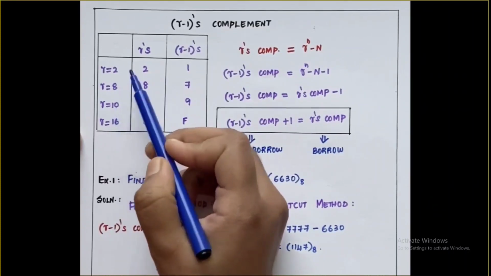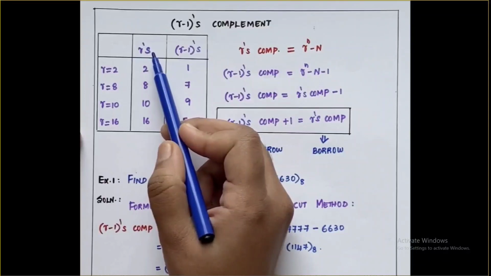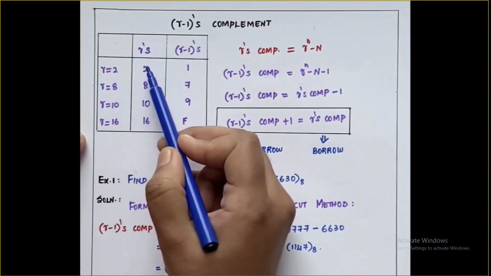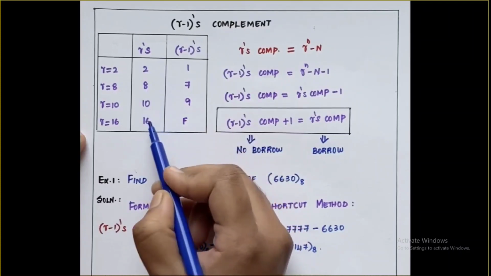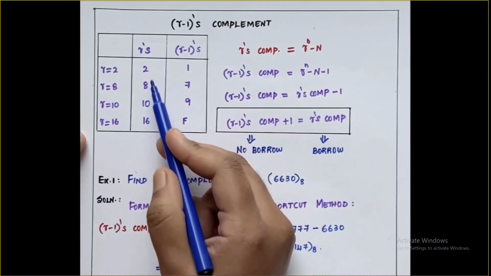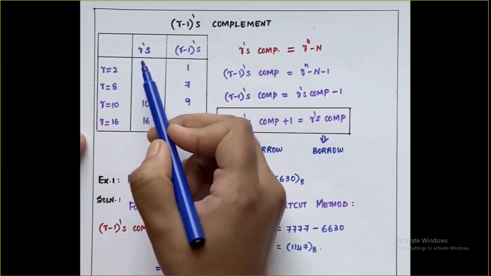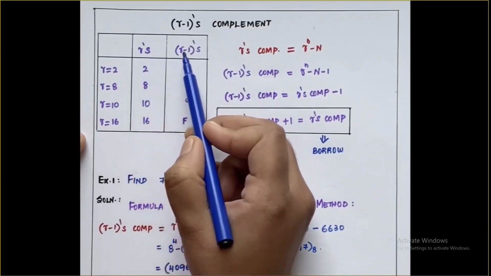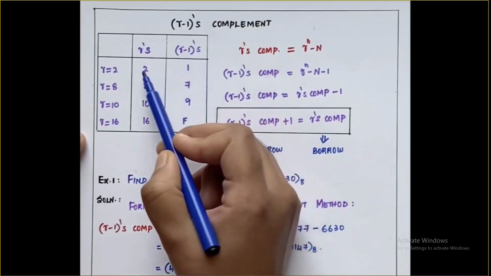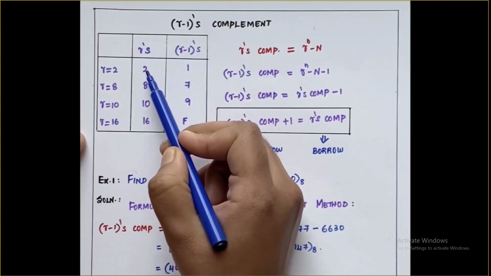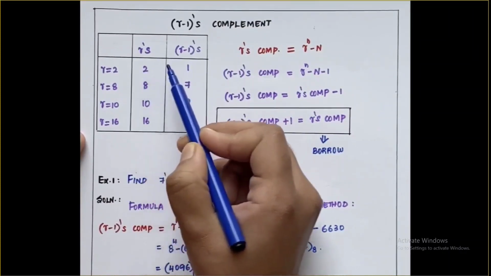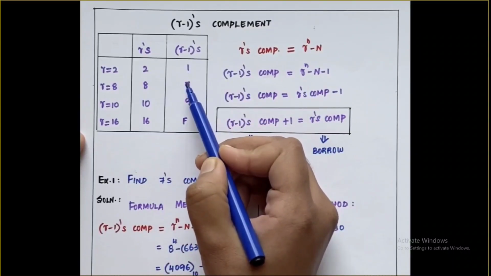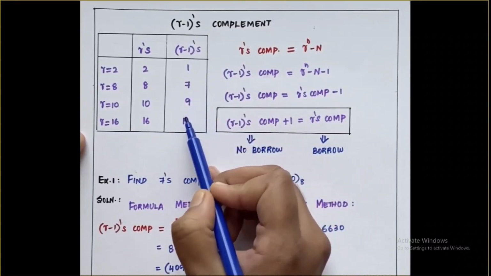The R's complement uses the base value itself, that is 2 for binary, 8 for octal, 10 for decimal and 16 for hexadecimal. When it comes to R minus 1's complement, we have to subtract 1 from the actual base value. So 2 minus 1 will be 1 for R minus 1's complement. Similarly, 7, 9 and F.